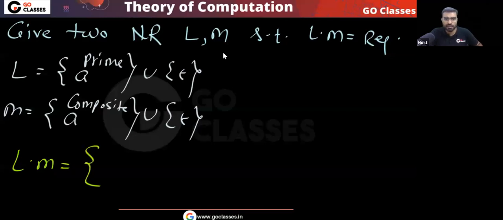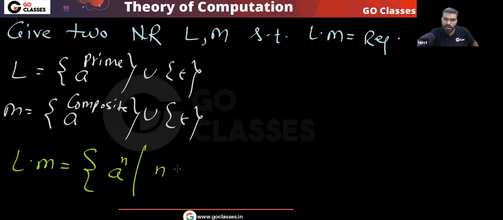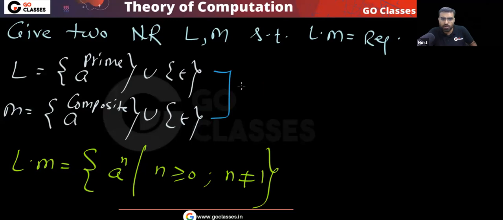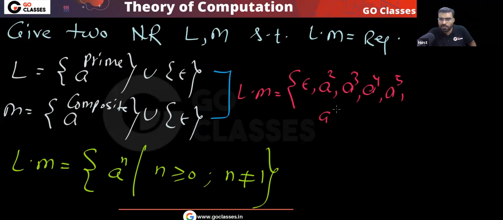That will be a power n, where n is greater than or equal to 0, but n is not equal to 1. If you do the concatenation, you will get empty string, a power 2, a power 3, a power 4, a power 5, a power 6, a power 7, you will get everything. But you will not get a.